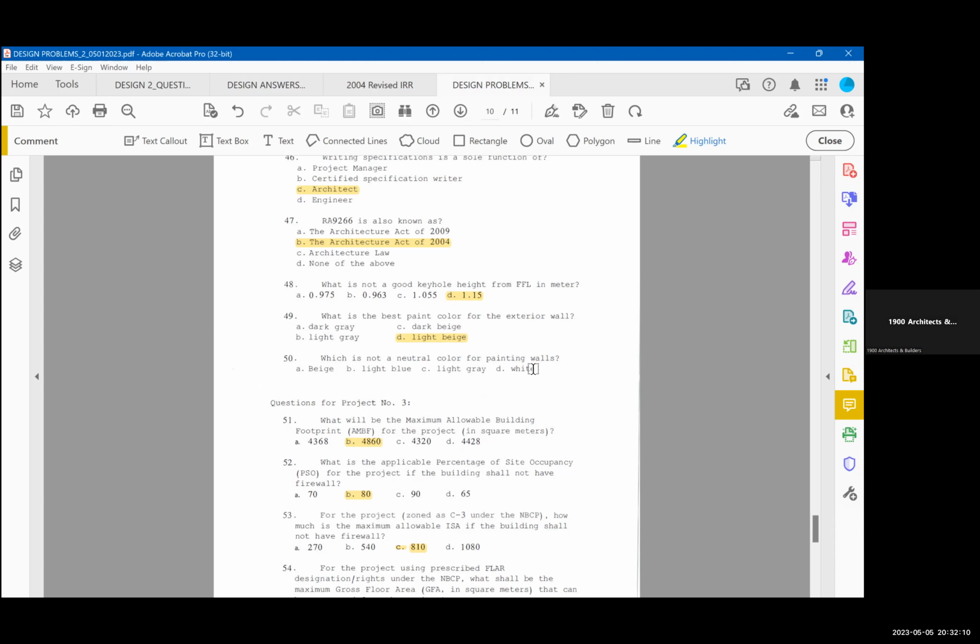What? Best paint, best finish, okay? So, number 50, what is a natural color for painting walls? A, beige, B, light blue, C, light gray, D, white. So, ito is letter B. So, ito yung neutral color. The rest is.